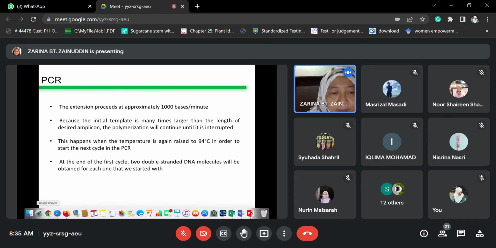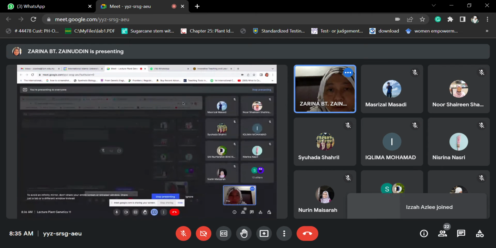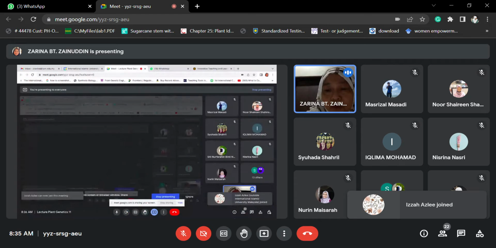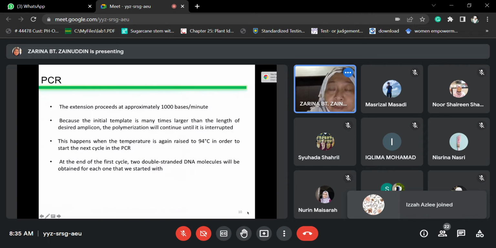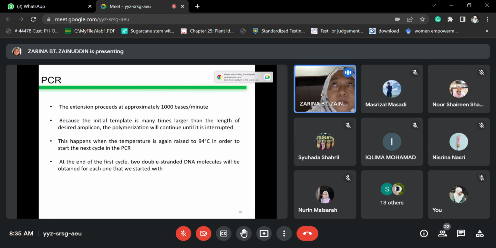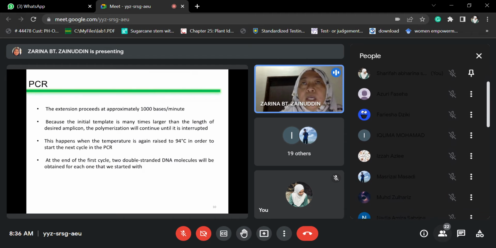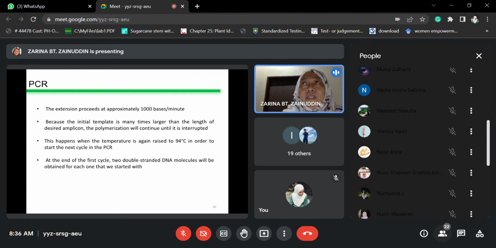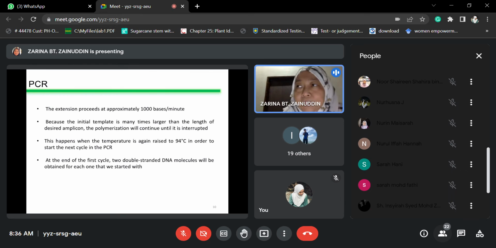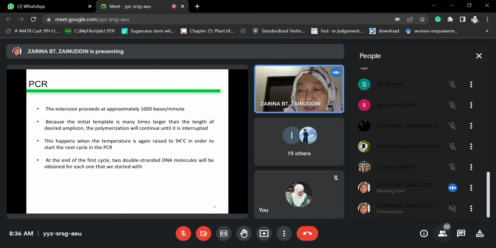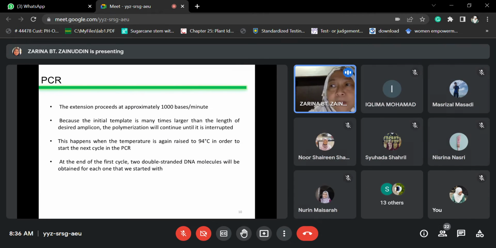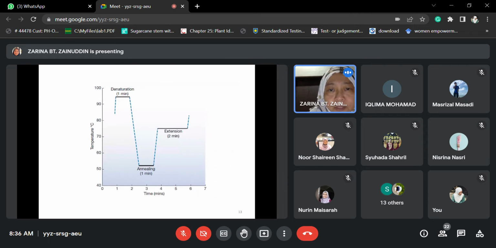You should be able to design primers, calculate annealing temperature, and calculate the amount of stock to prepare a PCR reaction. If there is anything you don't understand, let me know, okay?